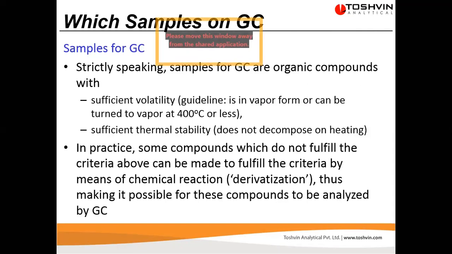There are a number of derivatization processes, like methylation and silylation. But that doesn't mean that every non-volatile compound can be converted into a volatile one through derivatization. Some compounds we can convert into volatile, and those can then be analyzed on a GC system.